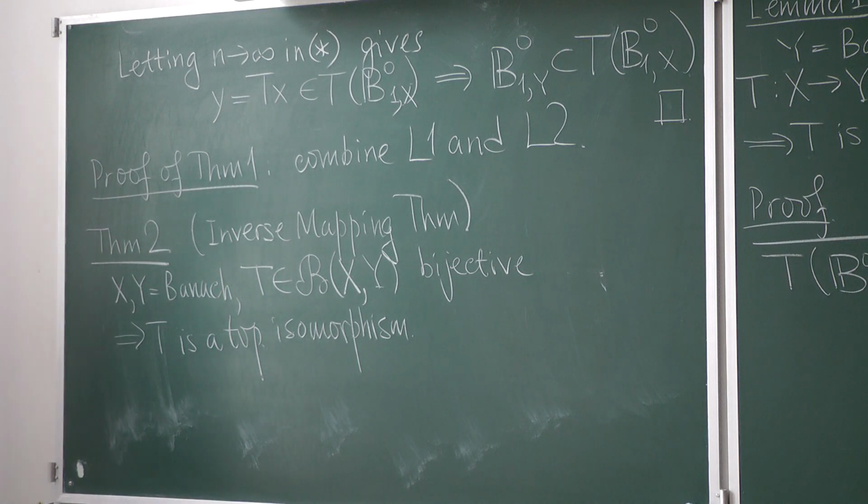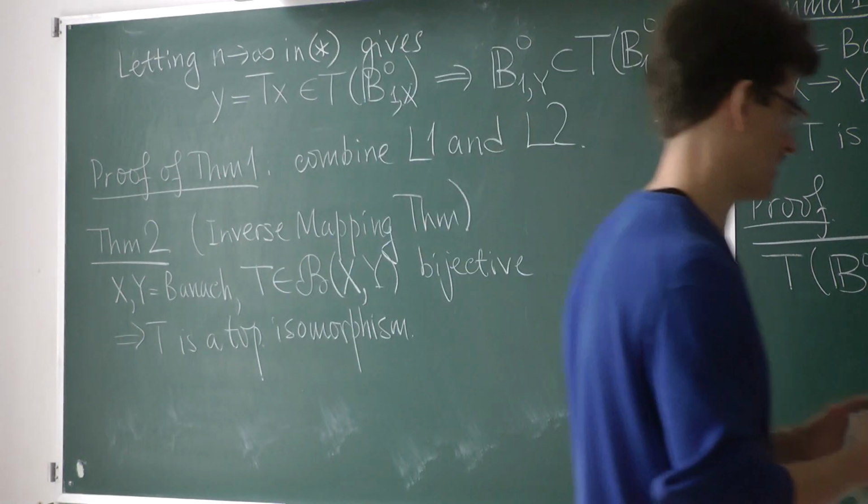Well, clearly this is a special case of the open mapping theorem, because T is open, and a bijective open map is nothing but a topological isomorphism. But actually, it's quite easy to show that this result is equivalent to the open mapping theorem. This is one of the exercises in the exercise sheet 4.